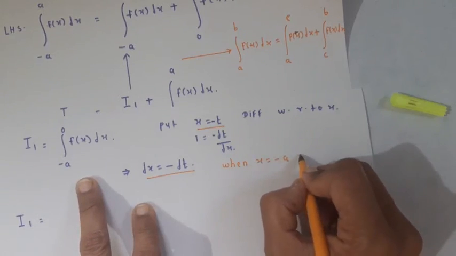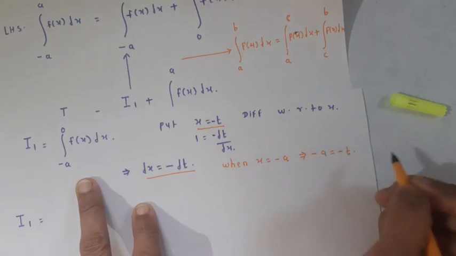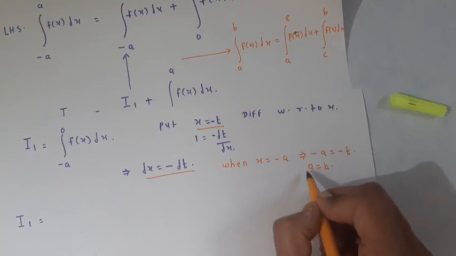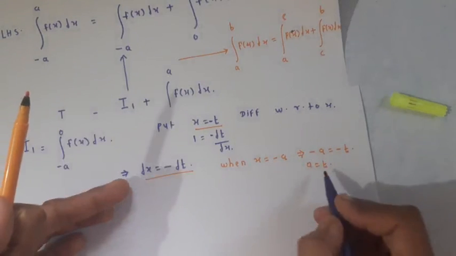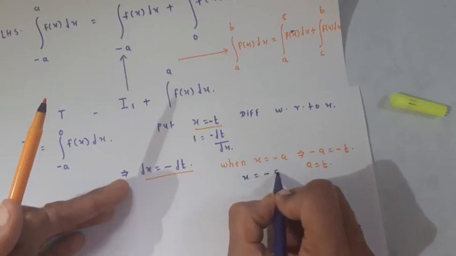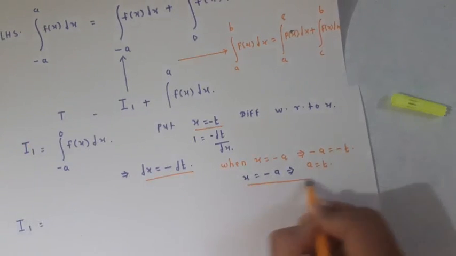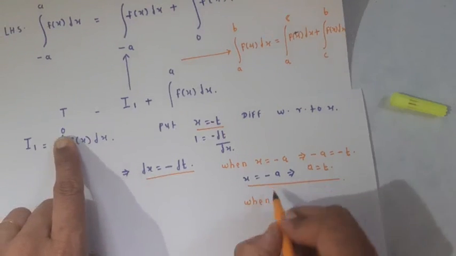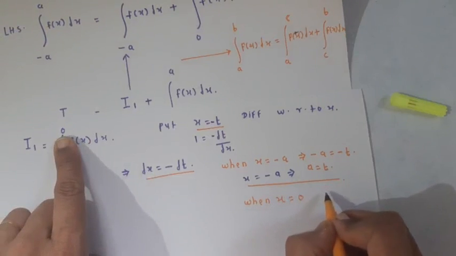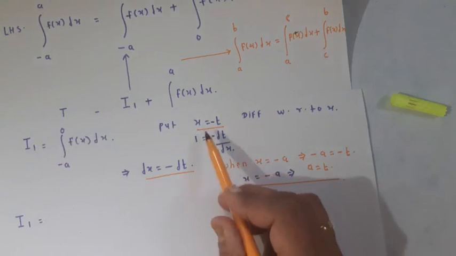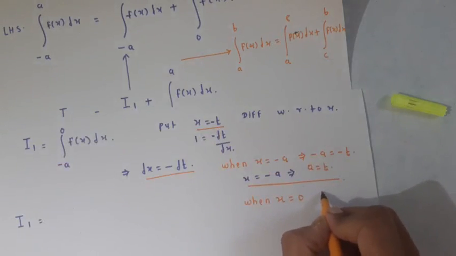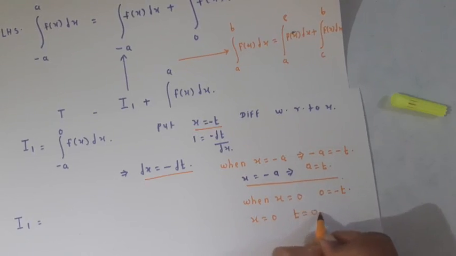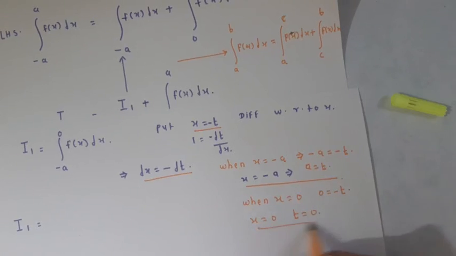We put x equal to minus t, so minus a equals minus t, this implies t equals a. That is, when x equals minus a, t equals a. And for the upper limit, when x equals 0, put x equal to minus t, so 0 equals minus t. That means when x equals 0, t equals 0.